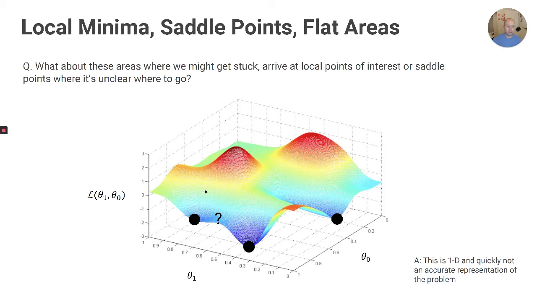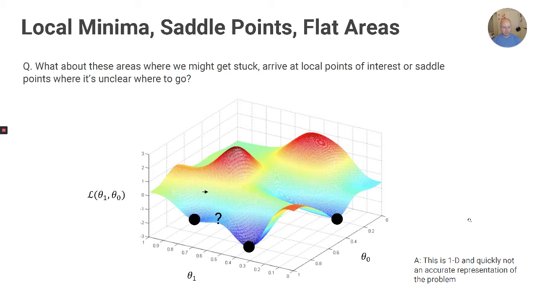Well, these are real concerns for a very, very limited feature model. This is definitely a problem that you have to think about. However, most machine learning algorithms don't deal with one-dimensional data. Most of the things that we're going to be talking about live in extremely high dimensions. For example, an image, a 32 by 32 image with 3 channels of color, is quite a high dimensional space because each one of those pixels is a different dimension, and each channel is an additional dimension, multiplied on top of that.